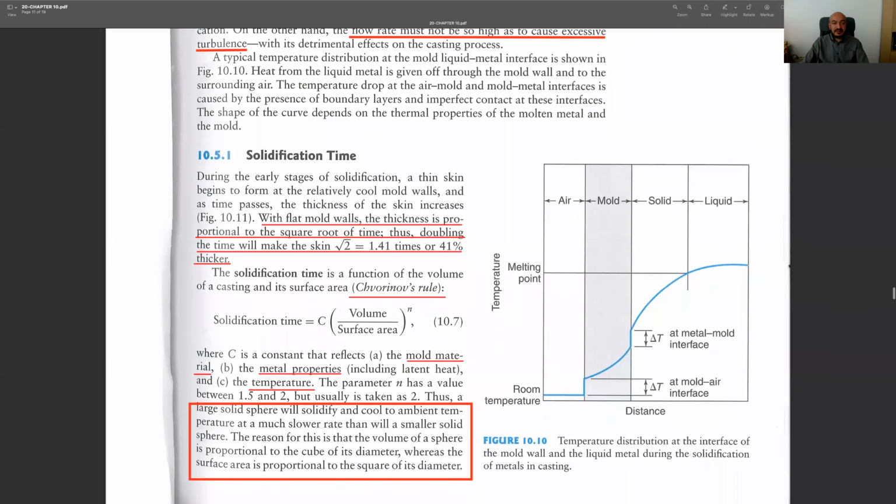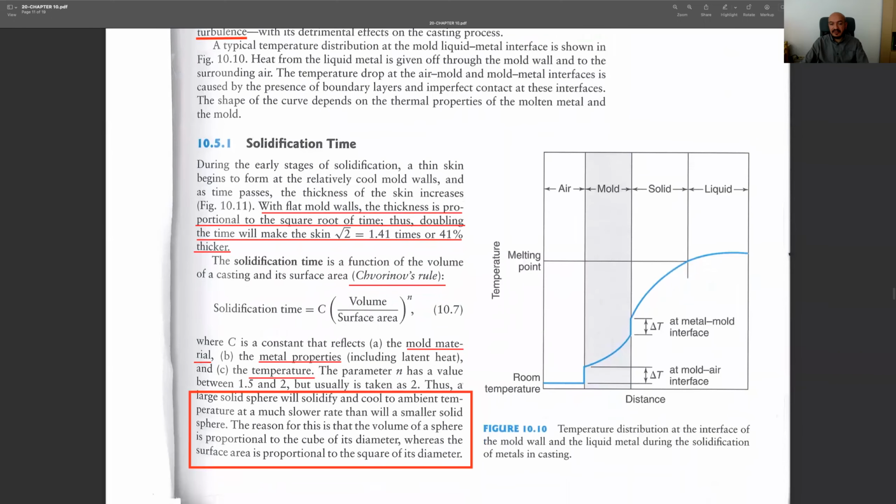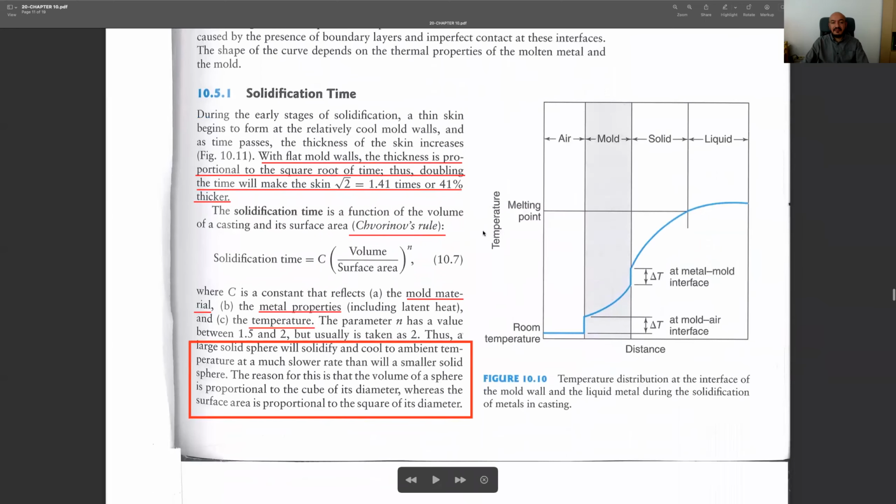Now let's focus on the solidification time, how we can roughly estimate the solidification time of a casting process. As we have seen, the solidification starts from the walls, and the thickness of these walls depends on the square root of time.